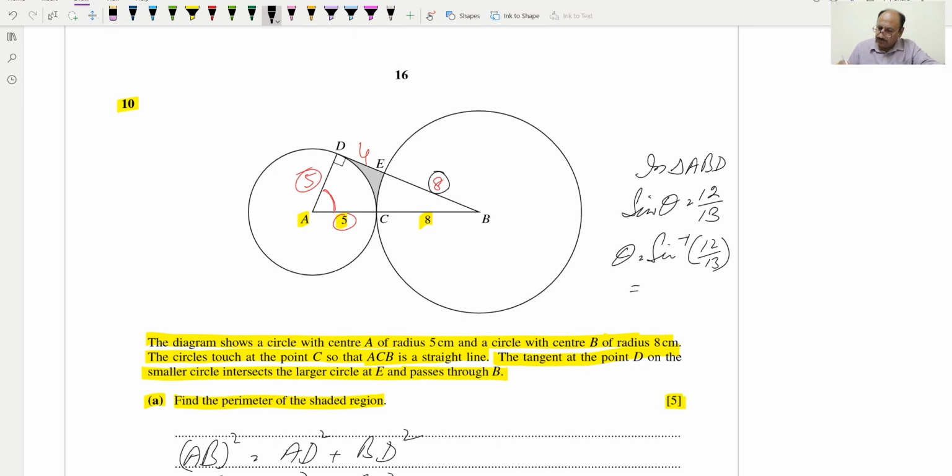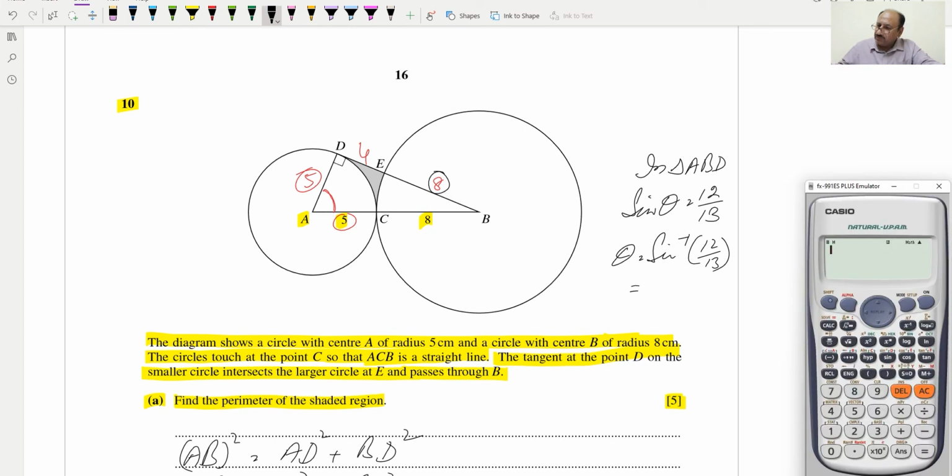Using shift sine of 12 over 13, bracket closed, this is equal to 1.176 in radian mode.